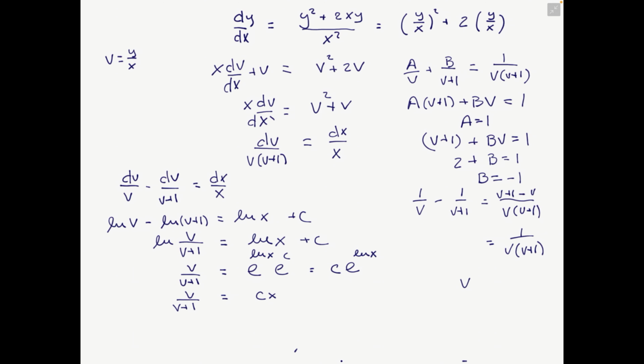Now we know that v is equal to y over x, so we have y over x over y over x plus 1 is equal to cx.